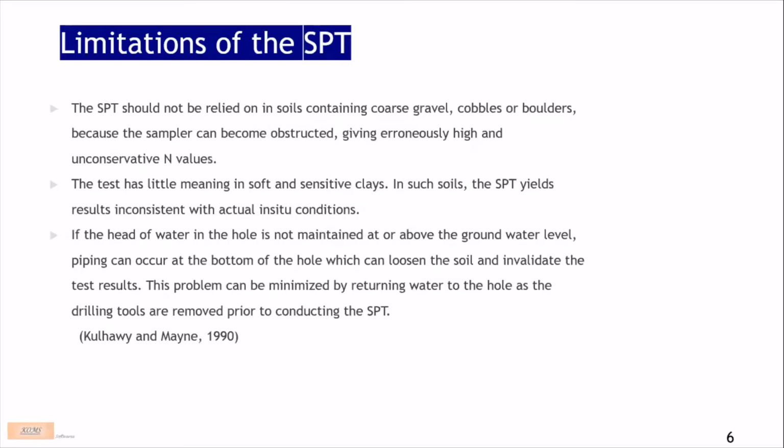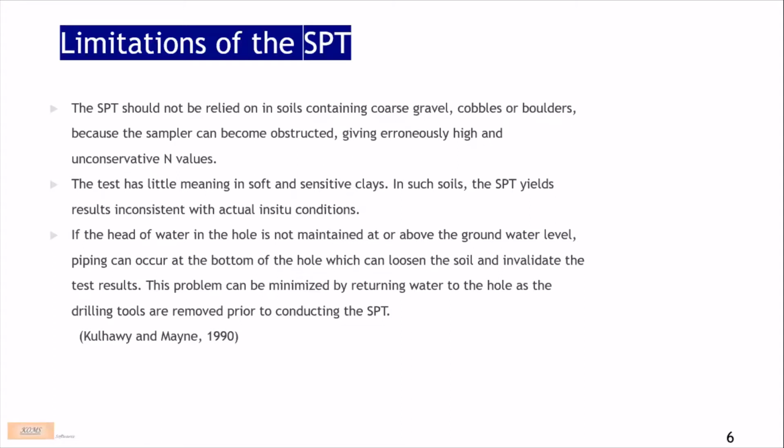Okay, moving on. So there are some limitations of the SPT. The SPT gives erroneously high and unconservative values in soil containing coarse gravel or boulders, like we said earlier, because the sampler would be obstructed when you're taking the blows.